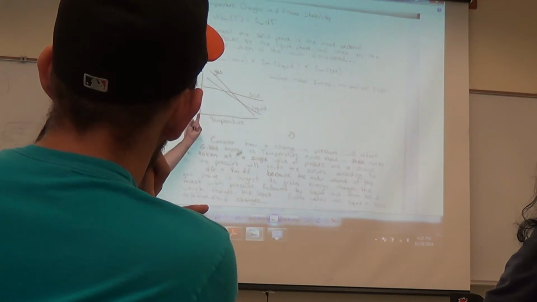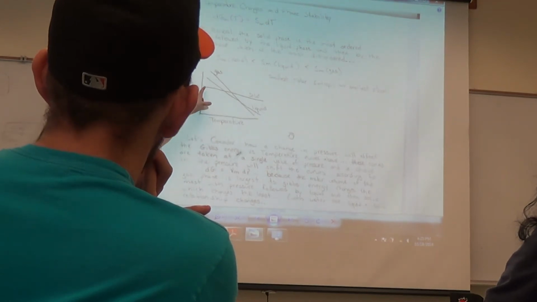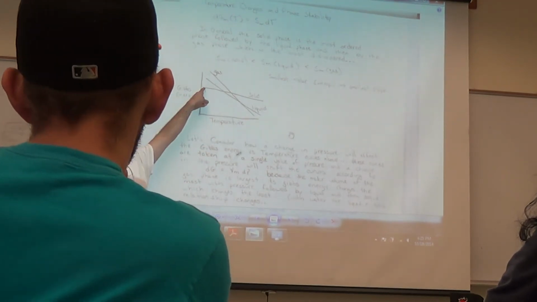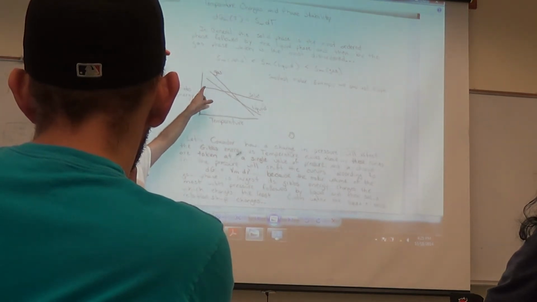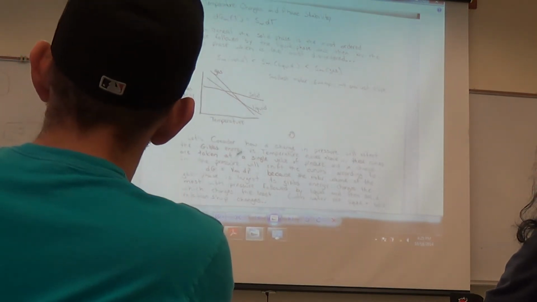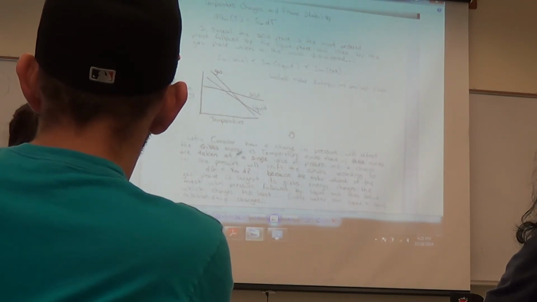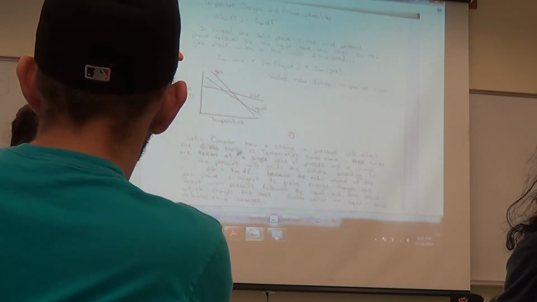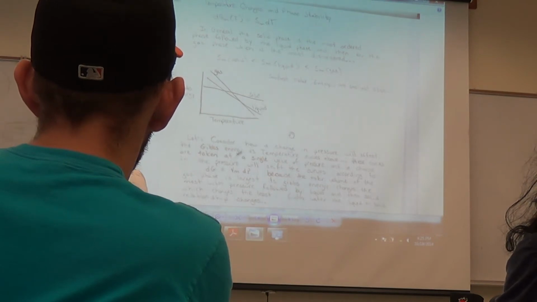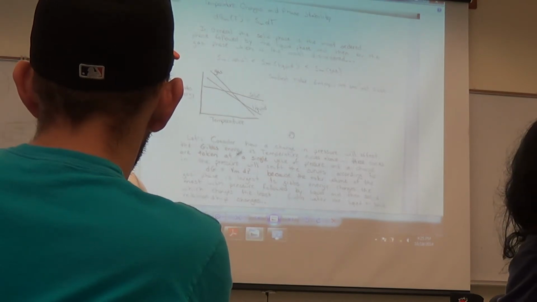You go over here to low temperature, and the solid phase ends up having the lowest Gibbs free energy at a low temperature, right? Does that make sense? What happens when we cool something down to a really low temperature? It goes to solid phase, right? So lowering the temperature ends up favoring the solid phase, and raising the temperature ends up favoring the gas phase.